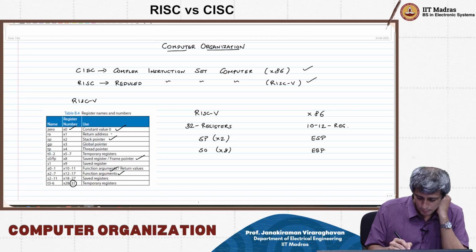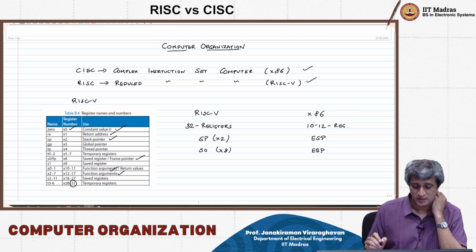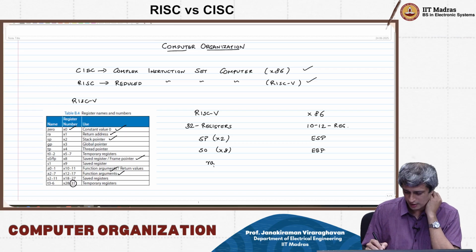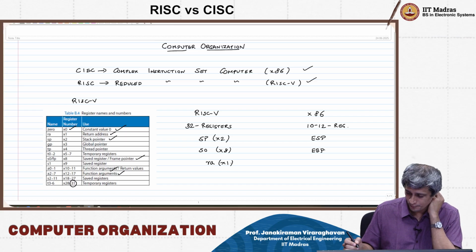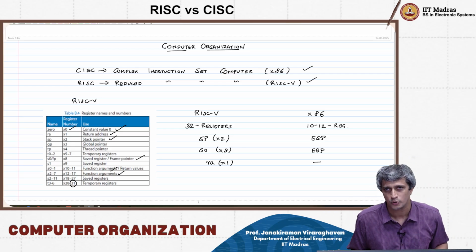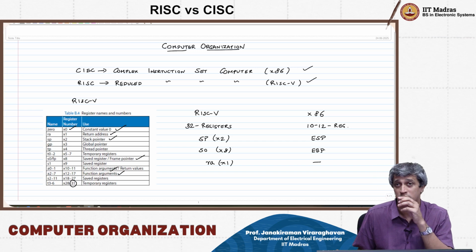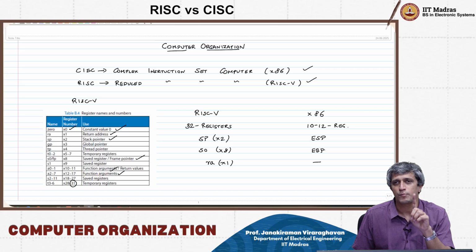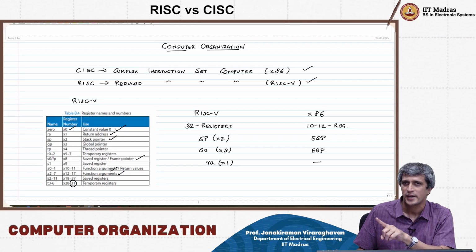Another important register is called the return address, RA, which is register 1. This doesn't exist in the x86 architecture. What is this return address register going to do? It is going to store where the program has to return after a call. This is exactly what happened in x86.